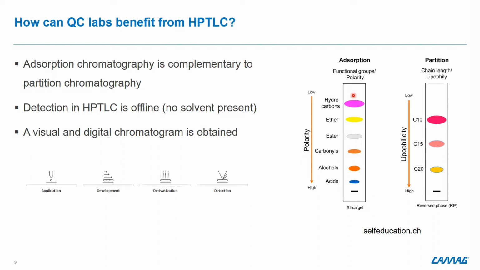Non-eluting substances will stay at the application position, but they won't be overseen. So HPTLC is the perfect cross-check method in combination with LC methods, as it allows you to really see all zones present in a sample. The chromatogram shows the entire composition of a sample.